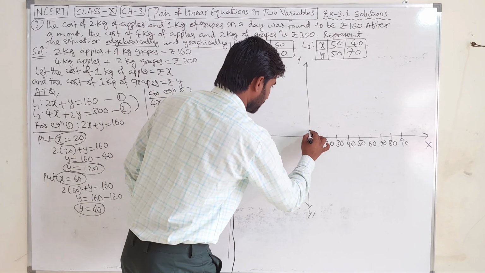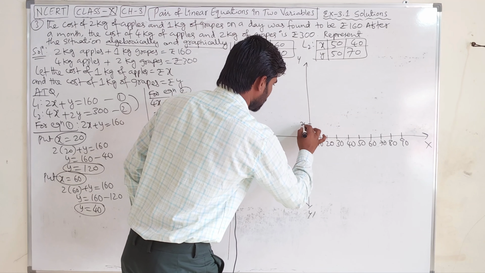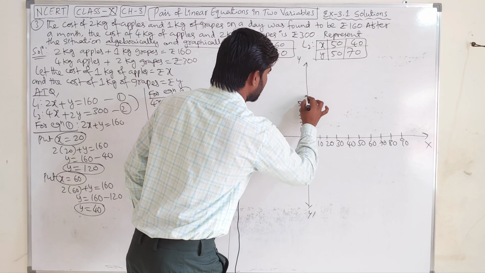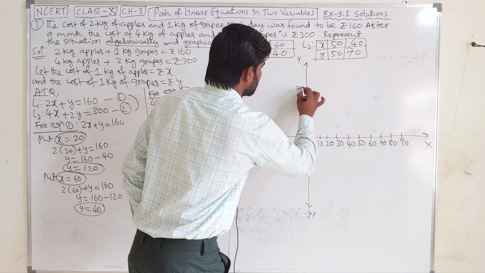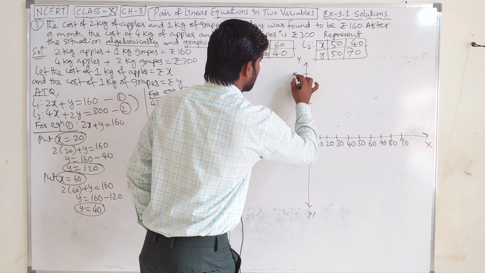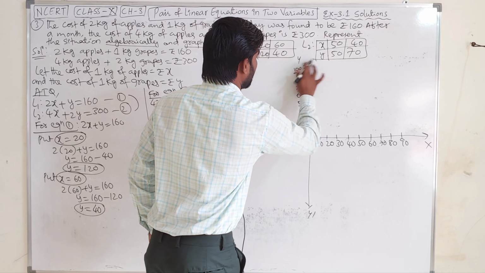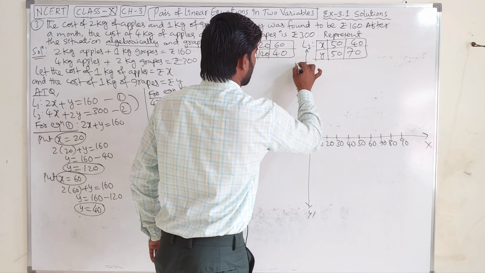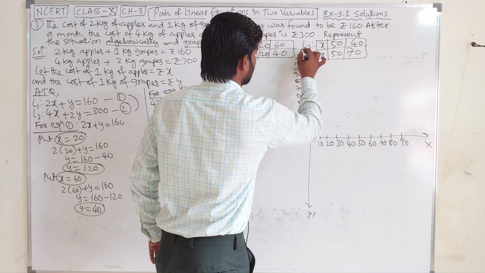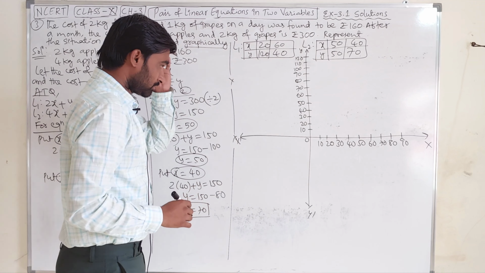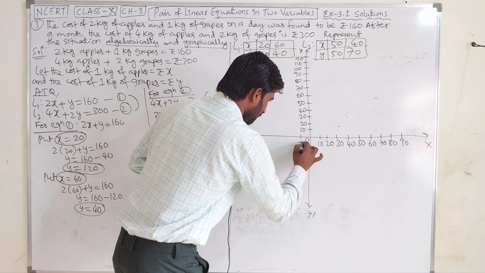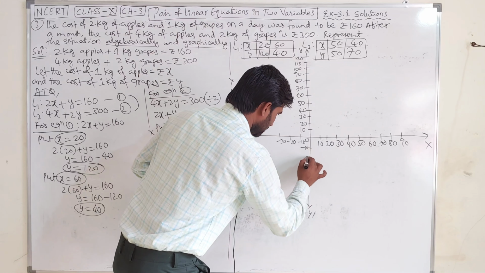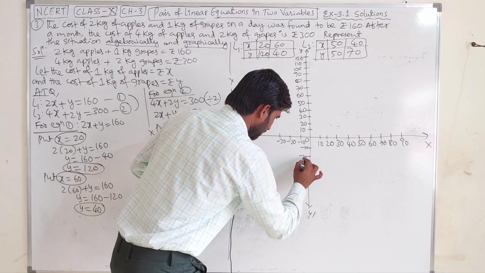Next y: 10, 20, 30, 40, 50, 60, 70, 80, 90, 100, 110, 120, it is the y-axis. Next, here the negative numbers: minus 10, minus 20, minus 30, it goes on.